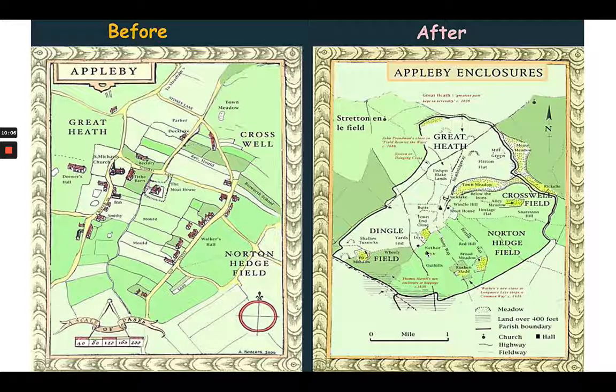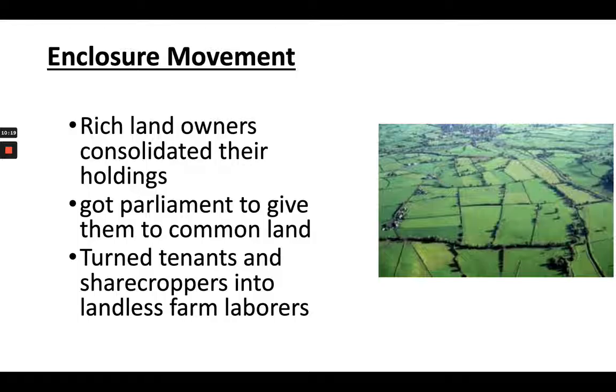Now, after the enclosure movement, you will see that all of this land has been enclosed and is really owned by one landowner. So rich landowners are going to consolidate their holdings, right? Before, it was really everyone had a little bit of land and everyone helped each other.